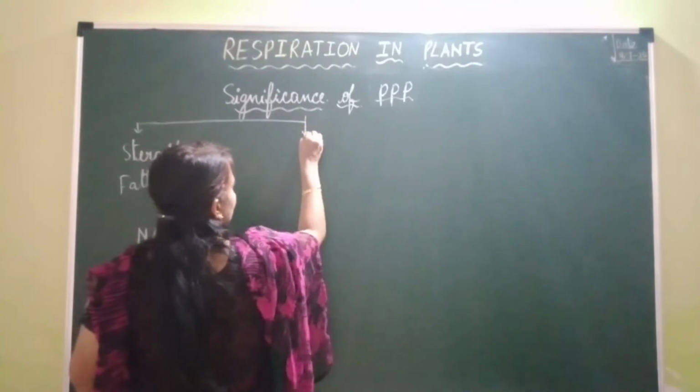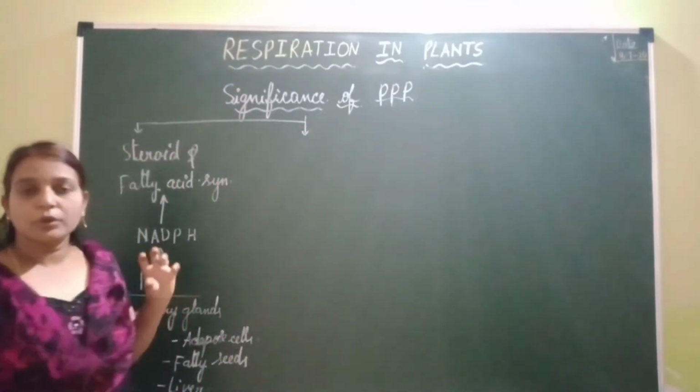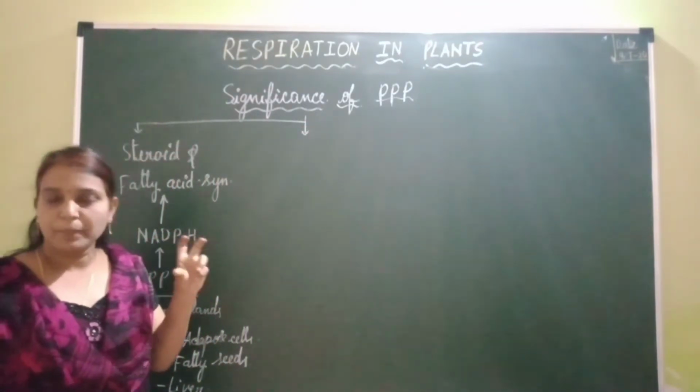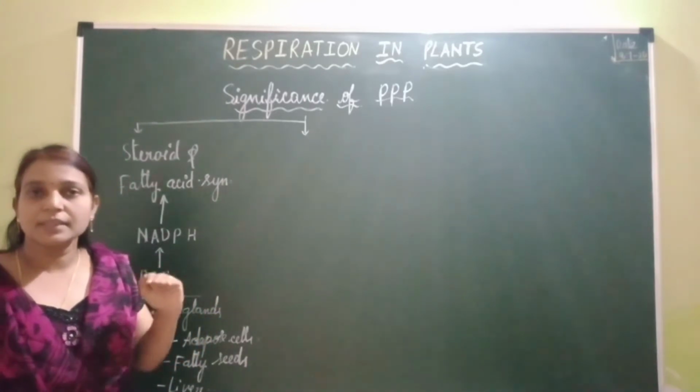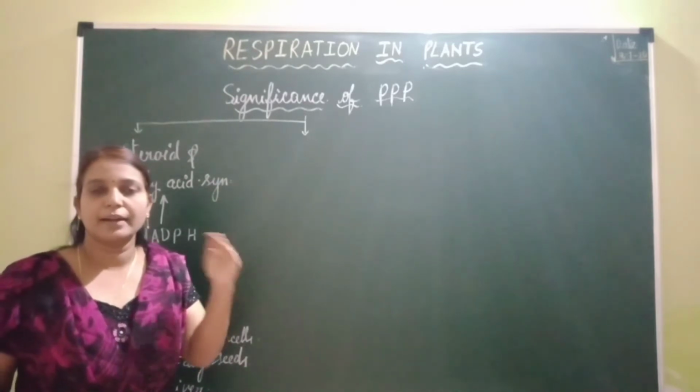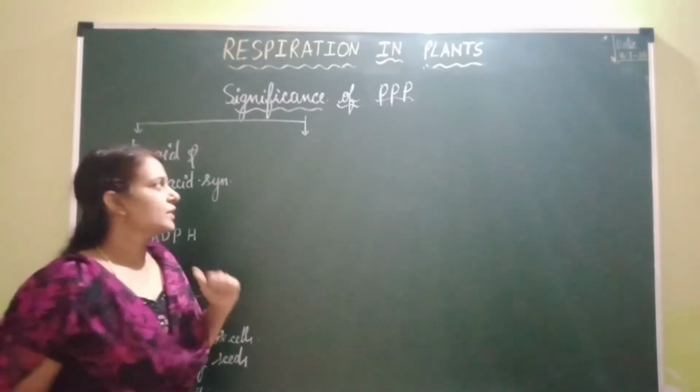Next significance. The intermediates which are synthesized during this PPP pathway are used as precursors by the cell for the synthesis of other biomolecules required by the cell as per the need of the cell.